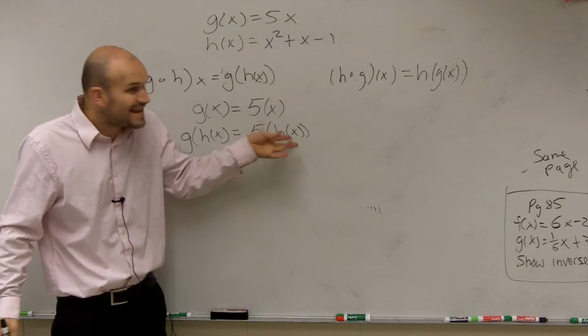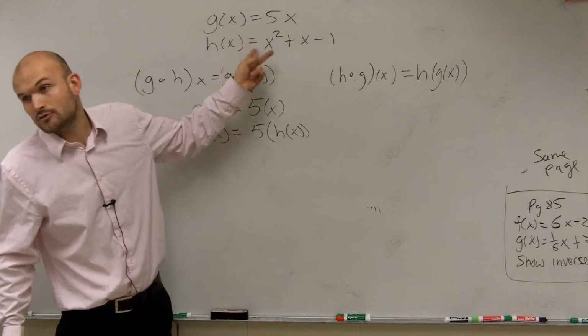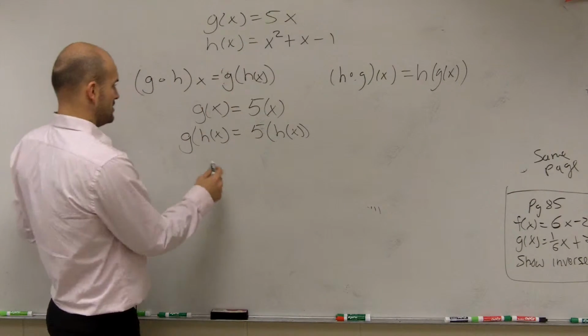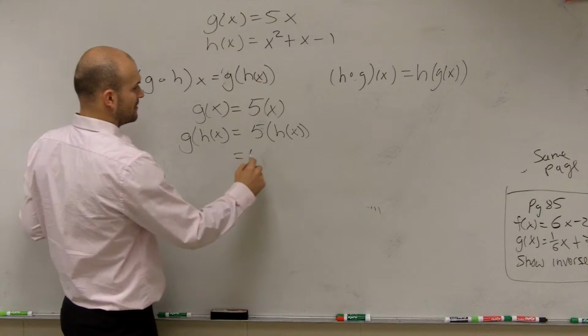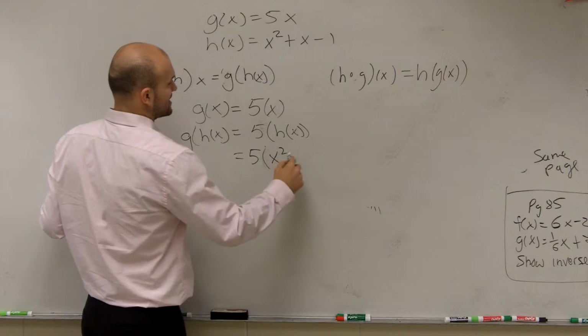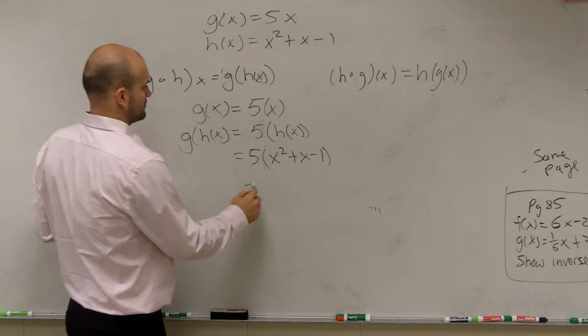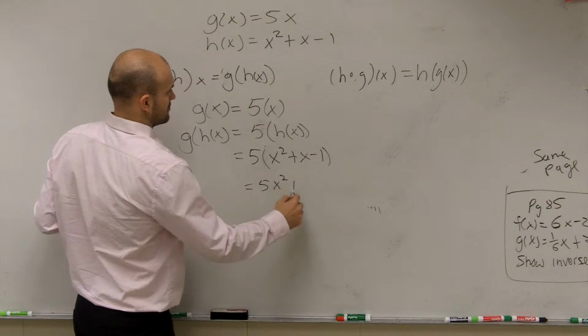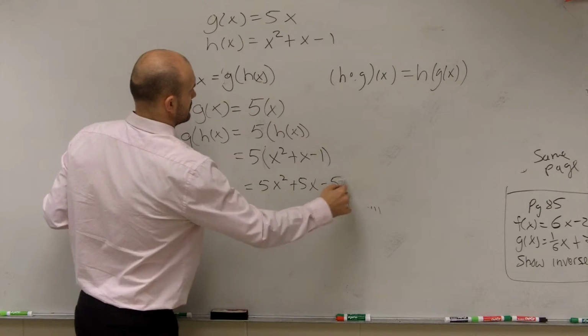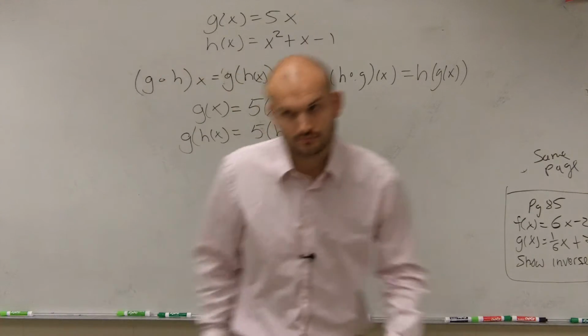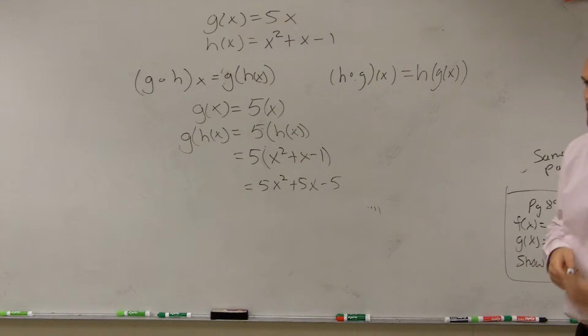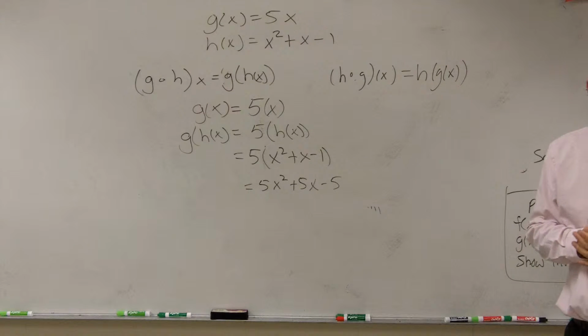But what does h of x equal? h of x equals x squared plus x minus 1. So you could say 5 times x squared plus x minus 1. Multiply through. And there you go. Anybody have any questions on that?